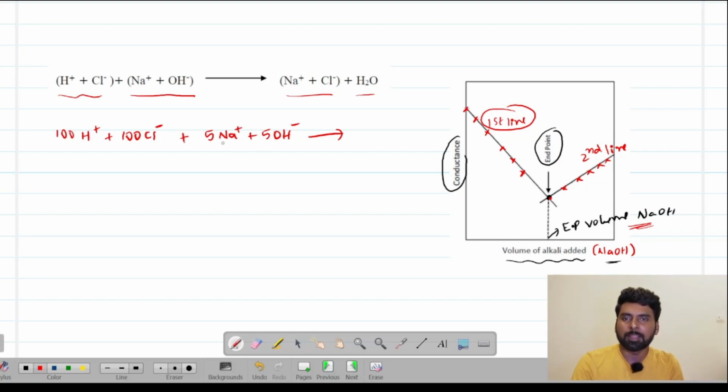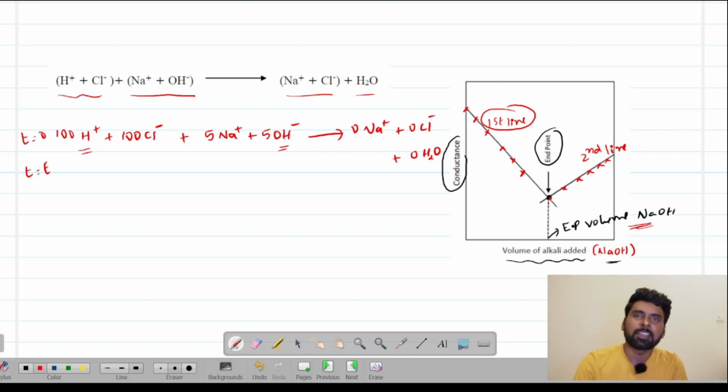The moment you add them, H plus and OH minus will react and form water. So initially Na plus is 0, Cl minus is 0, H2O is also 0, at time t equal to 0. These reactions are very quick.